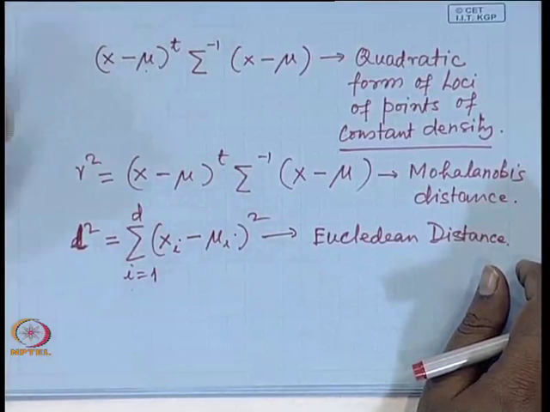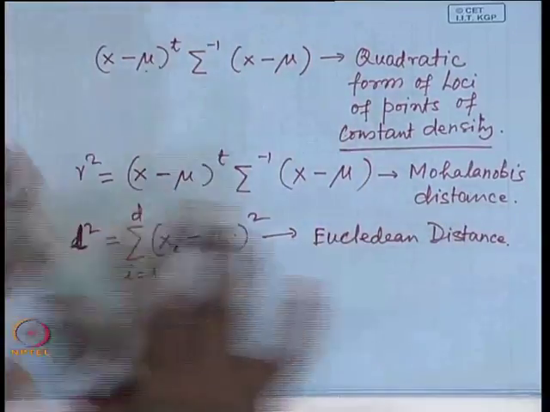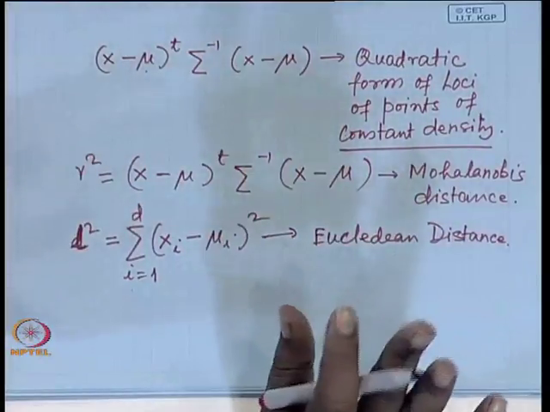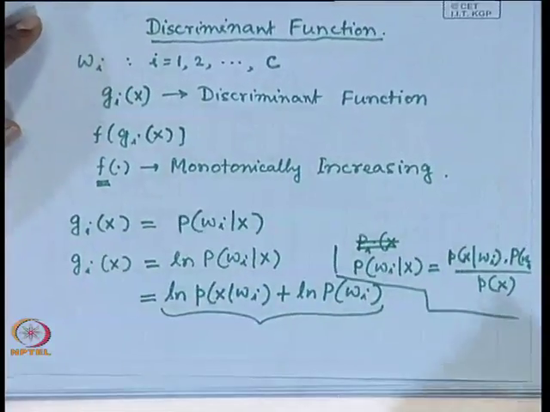So, now let us see how this can be utilized. So far whatever I have discussed is about the probability density functions: univariate case, bivariate case, multivariate case. I have not gone beyond that. But we started with how these probability functions actually influence the structure of the decision surface.